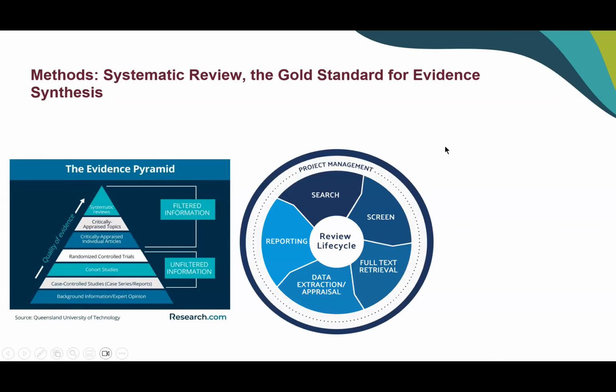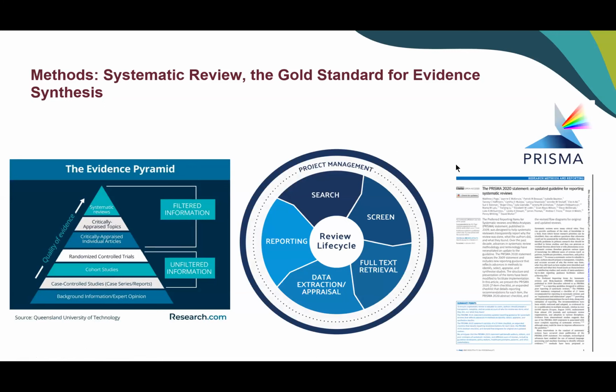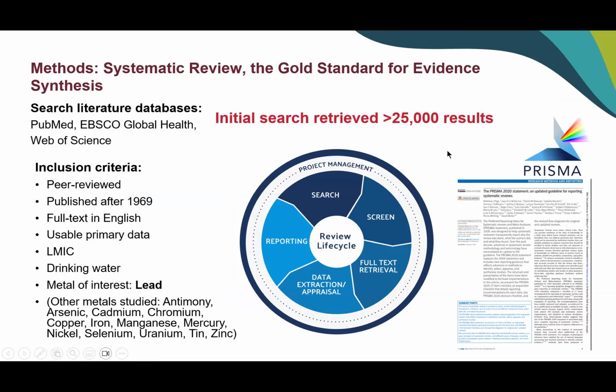There's a well-documented process for searching all of the published evidence, and screening, gathering, and extracting the evidence in a reproducible way, so that we can have reasonable confidence that the findings are representative of the evidence that's out there. The PRISMA statement describes a widely recognized and used approach for doing this, and that's the approach we followed for this work.